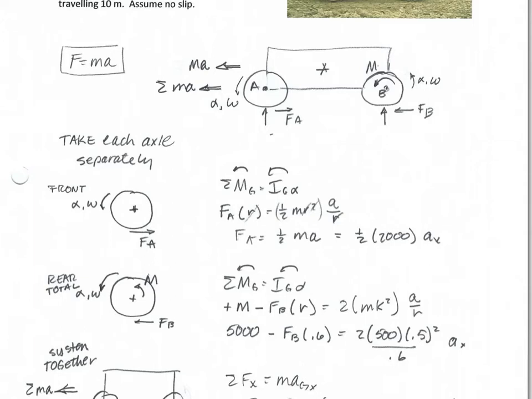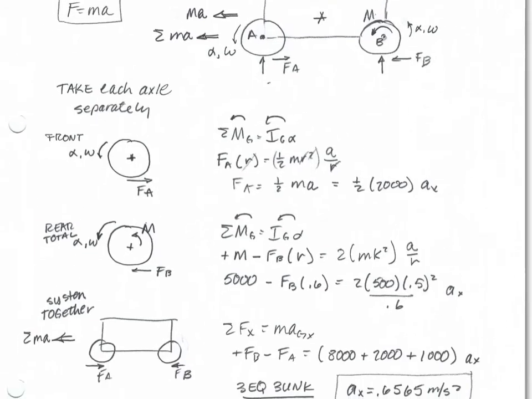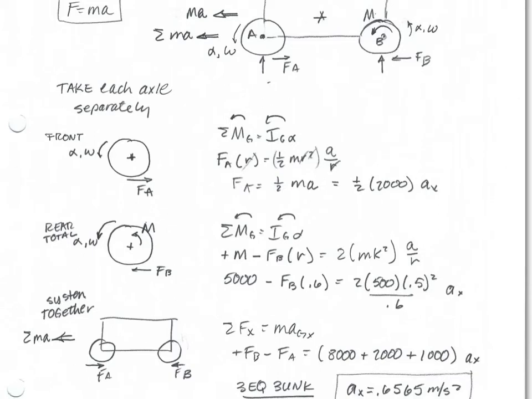In the rear, I have a similar kind of thing. The sum of the moments about G is Ig alpha. And in this case, I have the torque in that direction caused by that moment, and then I have the force of friction going in the opposite direction, so the force of friction times R. I have 2 tires in the back, so I'll say that is 2 times m k squared a over R, and I can then solve for, or get an expression there for, the force of friction at B. This doesn't look like I solved that.